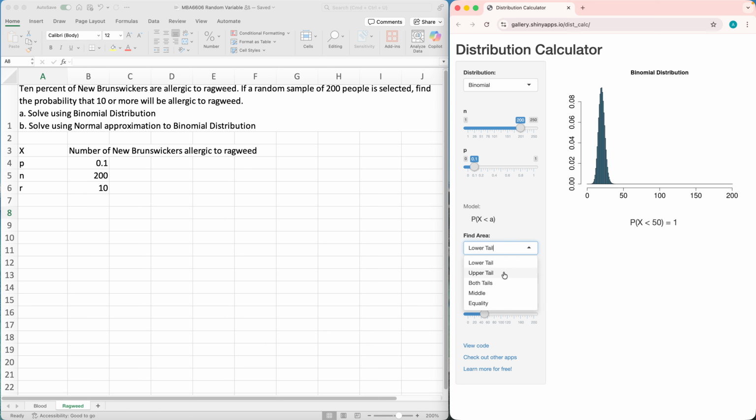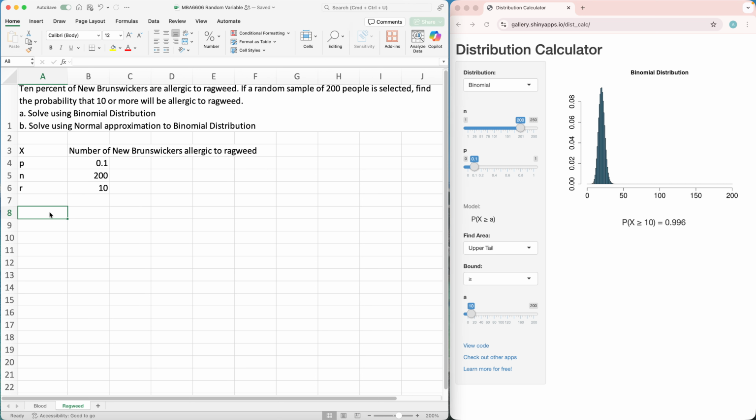So we are looking at the upper tail, and the value of a is 10, and we are looking at greater than or equal to 10. So it's almost 0.99, so 99.6% will be greater than or equal to 10. So we are looking at x greater than or equal to 10.